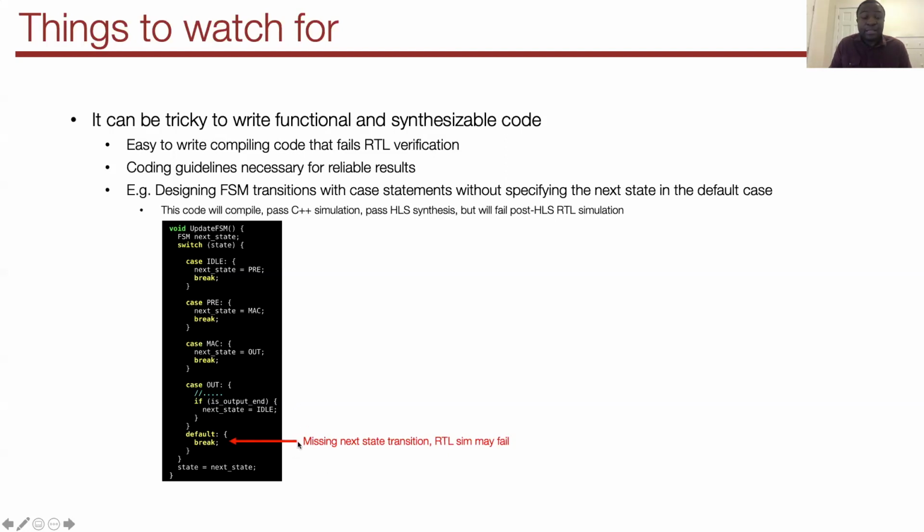You see here that in case we accidentally omit the next state transition in the default case, this will pass the C++ simulation, but it would fail eventually during the RTL verification. As you can imagine, this can be somewhat frustrating because you may only catch these kinds of bugs much later during the final RTL verification.